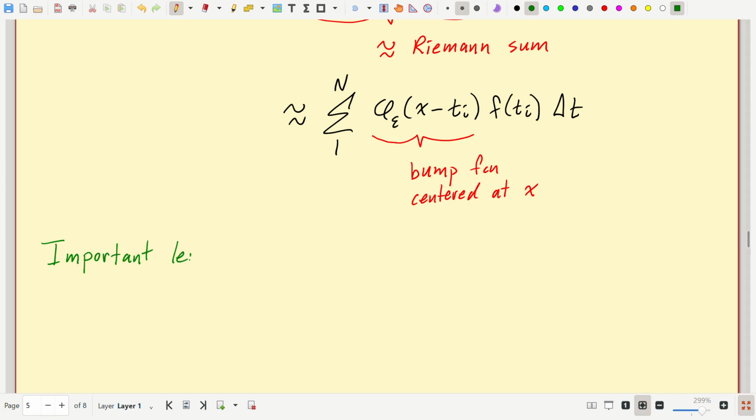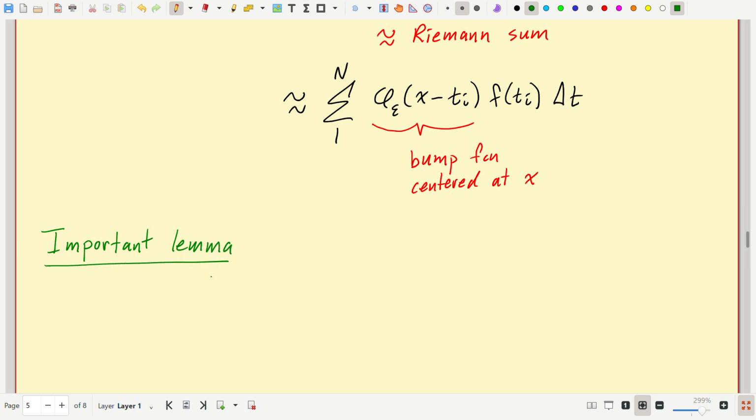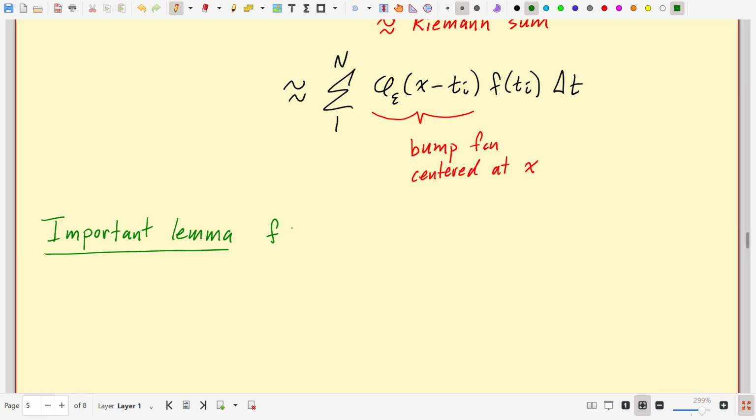So an important lemma that I've already demonstrated is that if f is in the Schwartz class, then phi sub epsilon, which is that bump function, convolved with f, tends to f uniformly on the whole real line. Okay, and I've done this in the past.